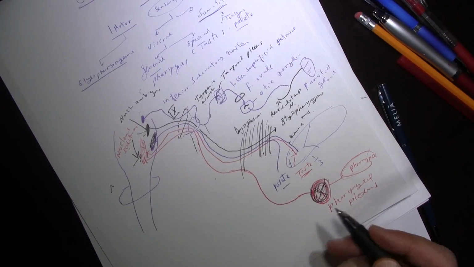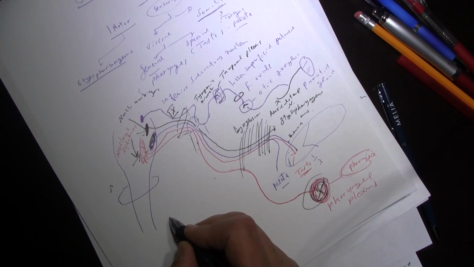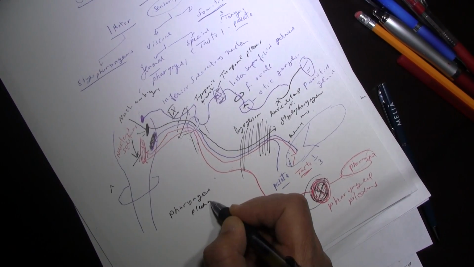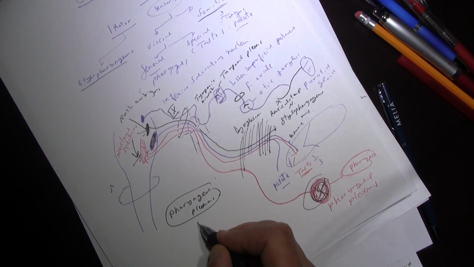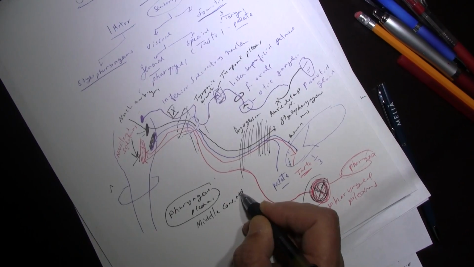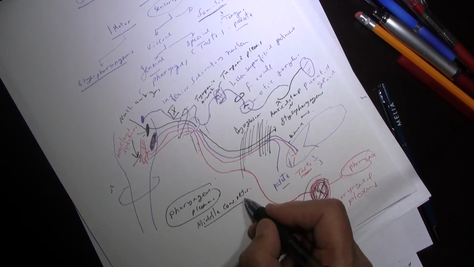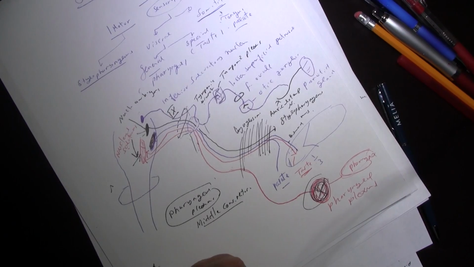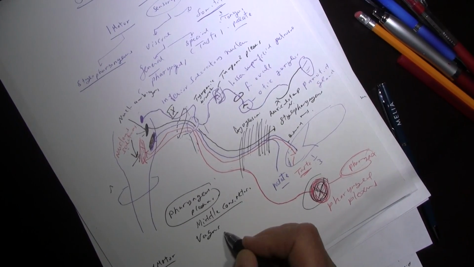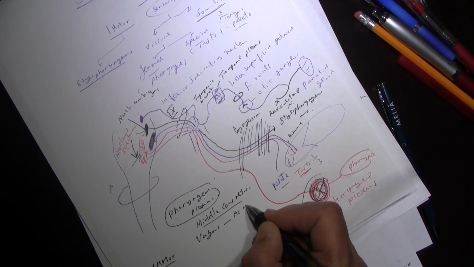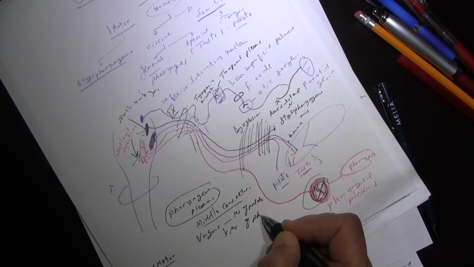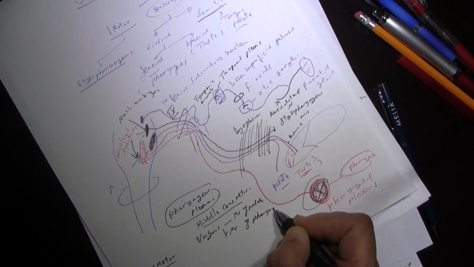Okay, keep in mind the pharyngeal plexus. This is a plexus of nerves located on the surface of the middle constrictor of the pharynx. This is the location. It has a motor root from the vagus to supply muscles of the palate except tensor palatini, and muscles of the pharynx except stylopharyngeus.